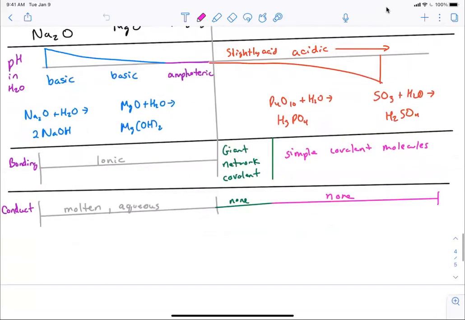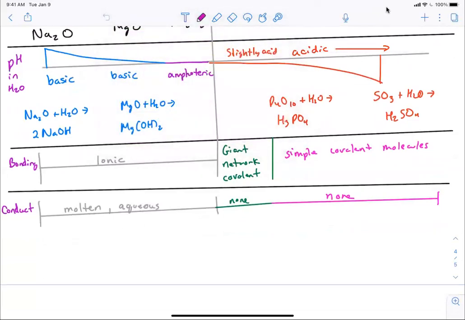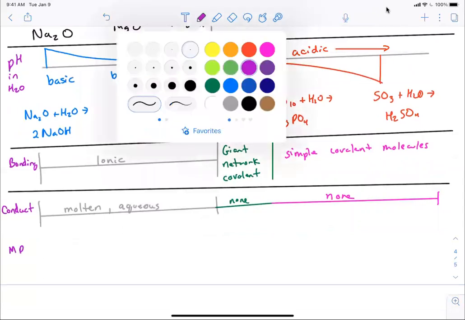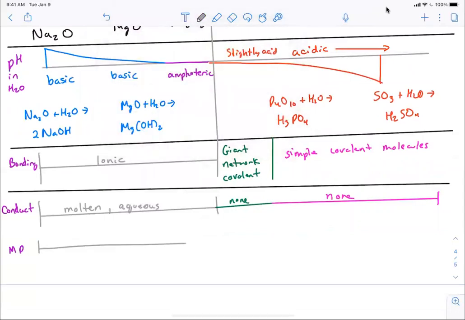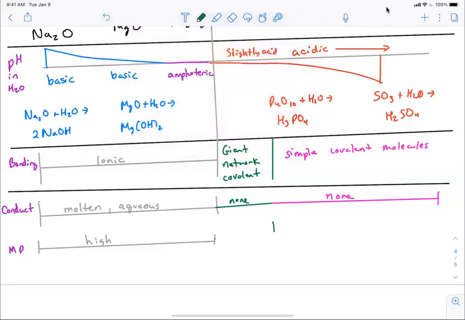I'm going to put melting point in here as well. And this one, I would say relative to the ionic has the highest.